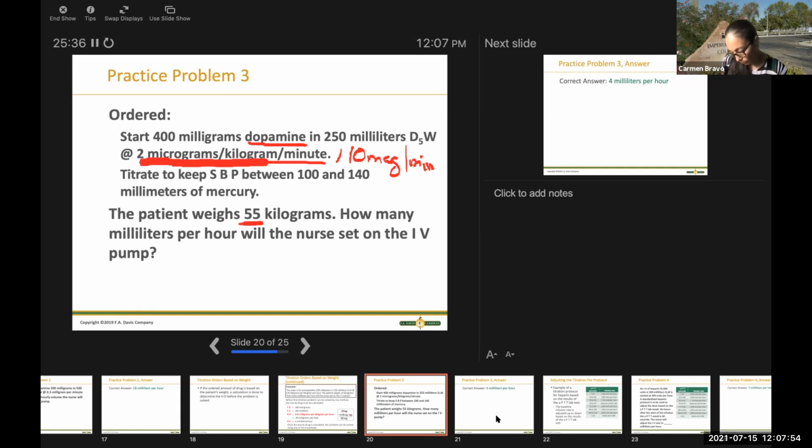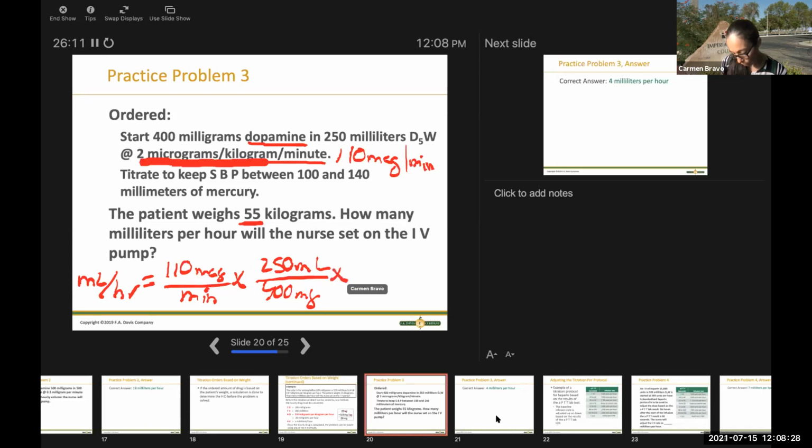I'm looking for milliliters per hour. First, my ordered dose is the 110 mcgs per minute. My total volume is 250. My total drug is 400. And what else?